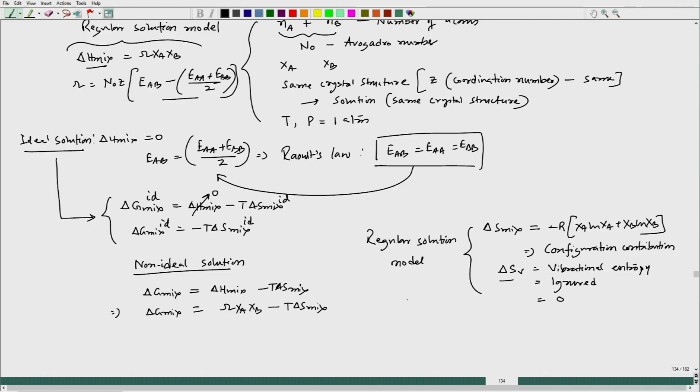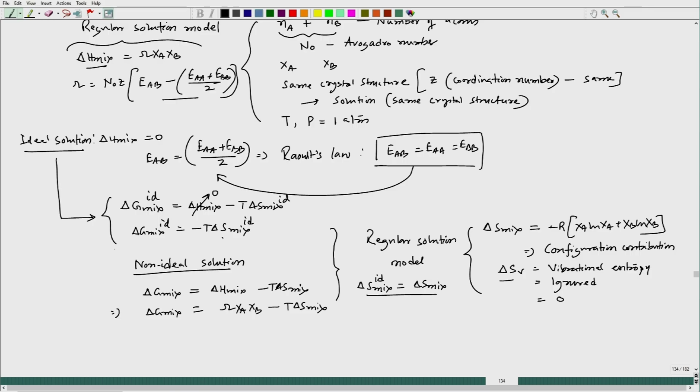Whether we are taking regular solution or ideal solution, in both cases del S is the same, since the regular solution model does not consider the vibrational entropy term and only considers the configurational entropy term. So, I can say that del S mix ideal is nothing but del S mix in case of regular.